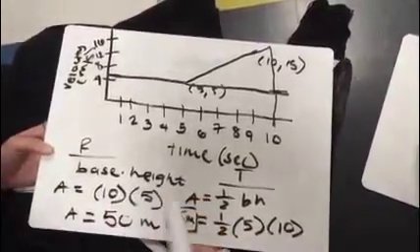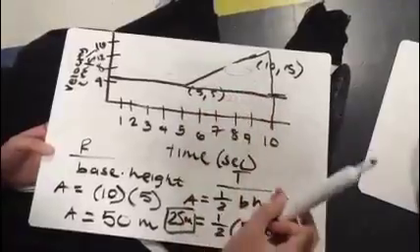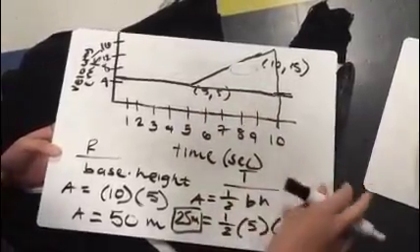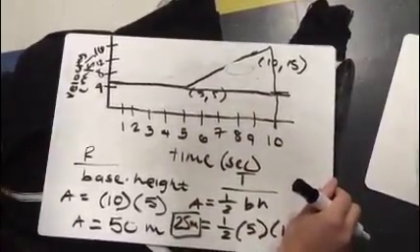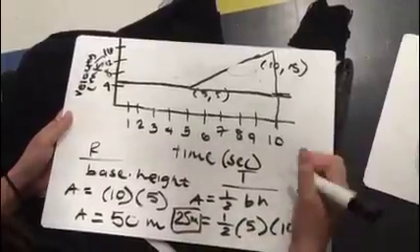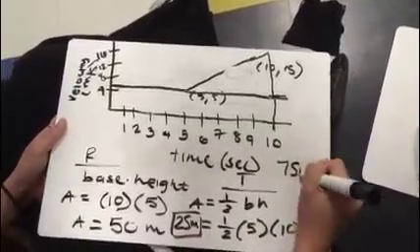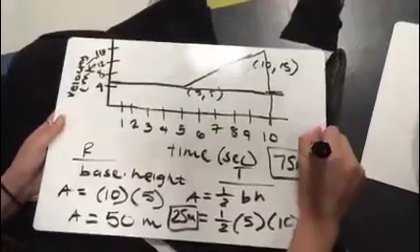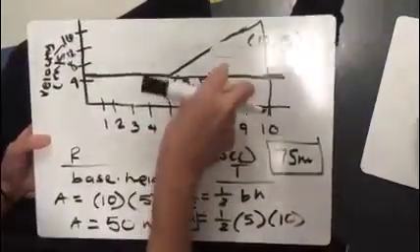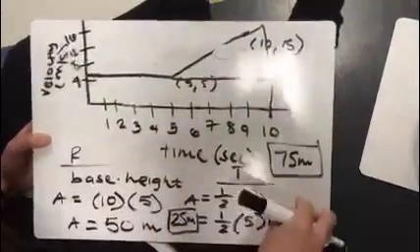So that's the displacement for the triangle. And then the total displacement is when you add these two together, which is 75 meters. That is the total displacement. And using the graph can help you find the total displacement.